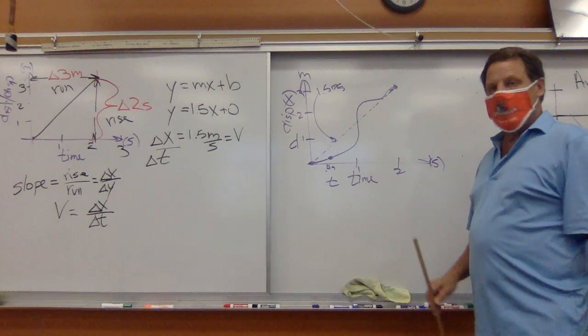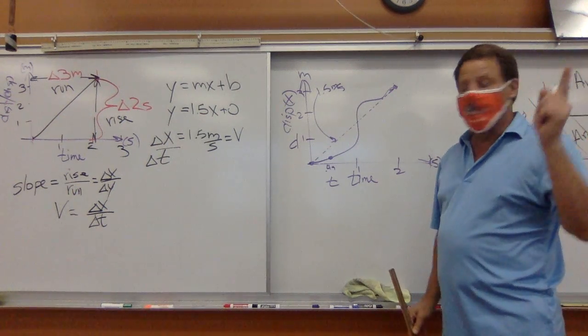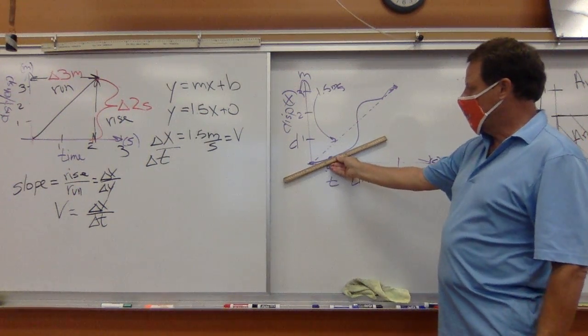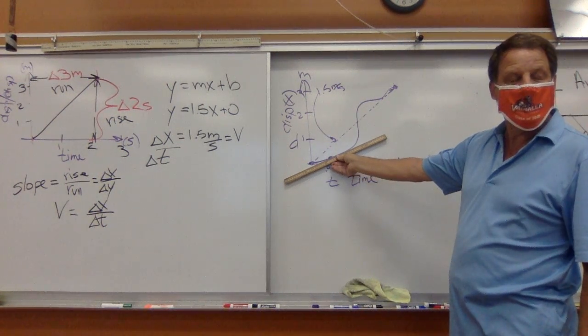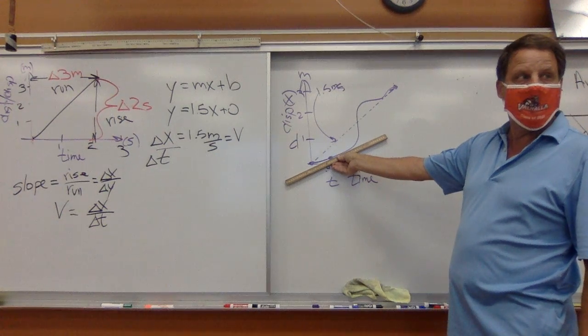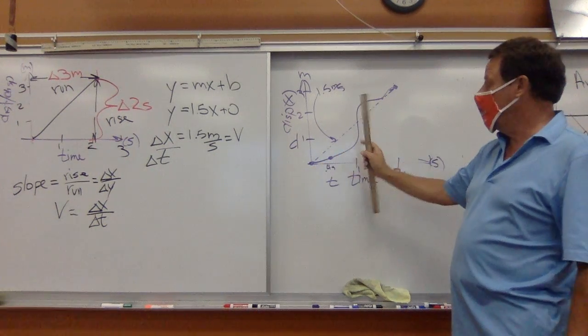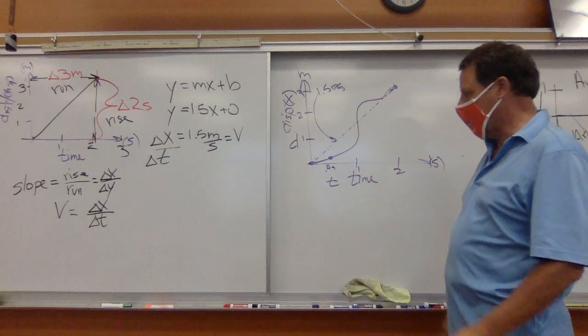Well, okay. And the way to indicate that is if we take a look at the slope. Now the slope is going to be the line that is tangent to this curve or this line.